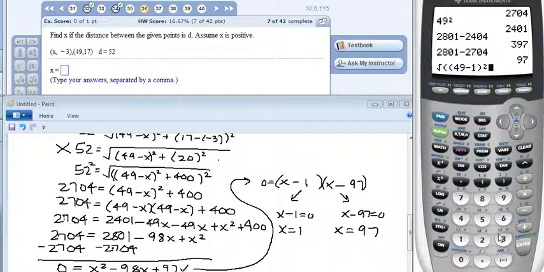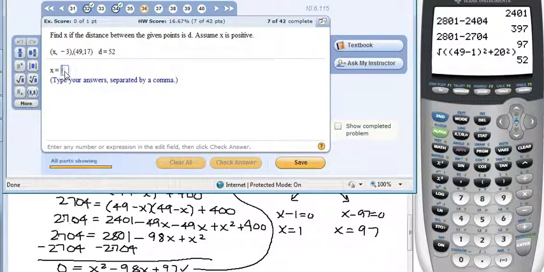And then I want to add 20 squared. Close my parenthesis. 52. There's my distance. So that one does work. If I put a 1 in here, I get the 52 back out. Now I will do the same thing for the 97 and check it. Okay? Let's check it this way since it is just a homework problem. Well done.